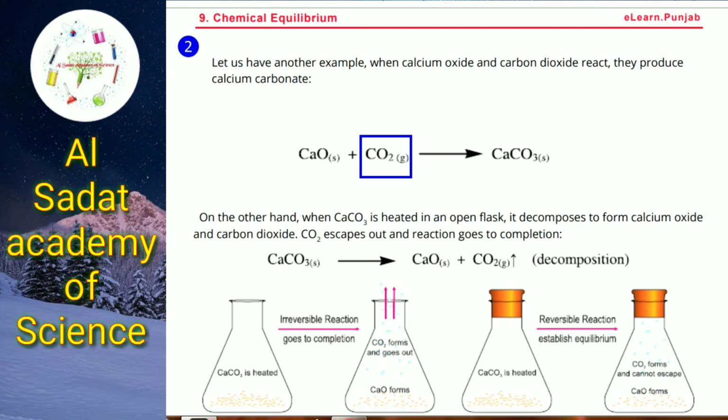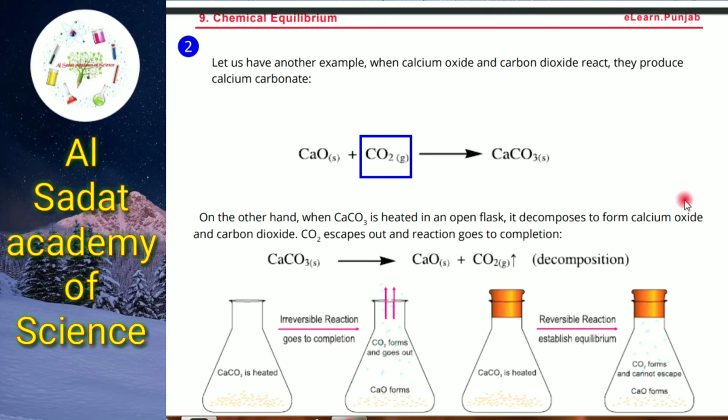In this example, you will notice that the reaction happens when carbon dioxide is available, and if we allow carbon dioxide to escape, the reaction will go to completion. It will not attain an equilibrium state, and hence it will behave like an irreversible reaction.